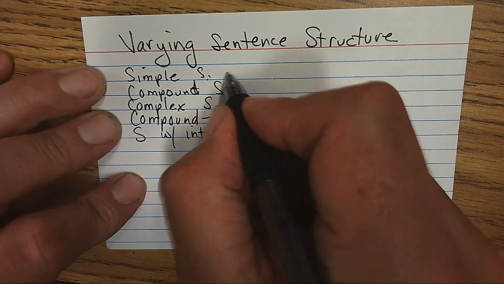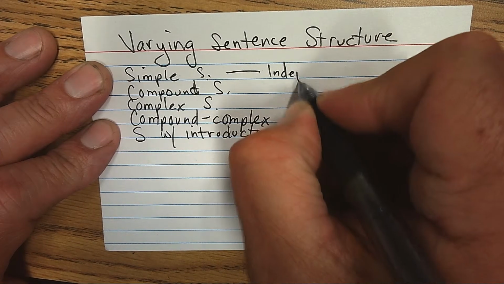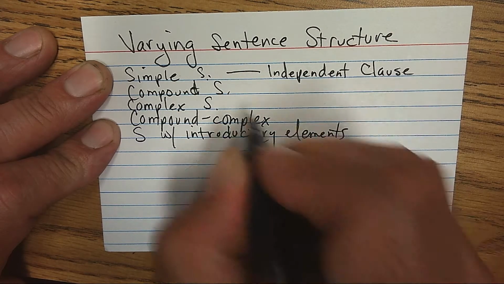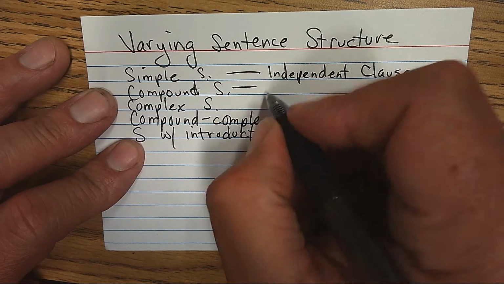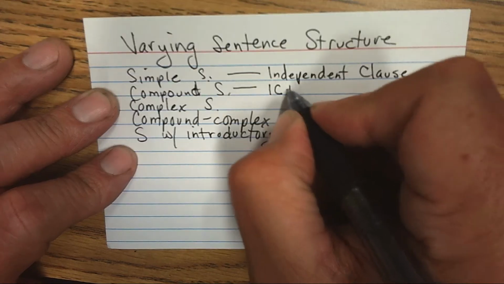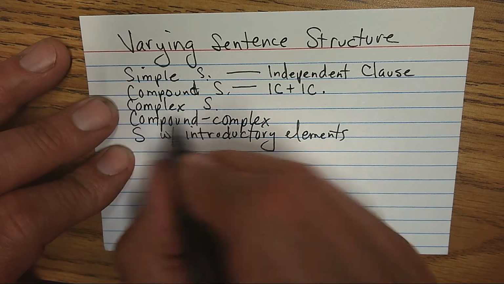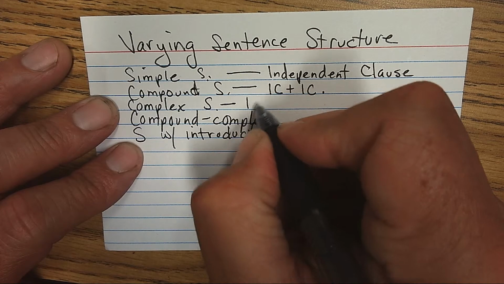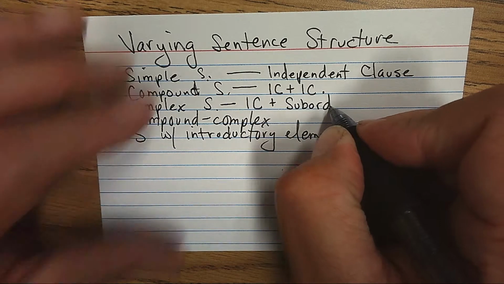So first of all, a simple sentence is just a sentence that is an independent clause. We'll look at all of these more closely. A compound sentence is a sentence with two or more independent clauses. A complex sentence is a sentence that has an independent clause and a subordinate clause, or a dependent clause.